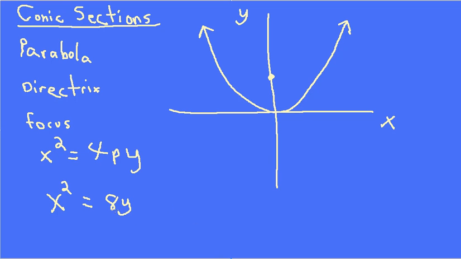How do I know that? I could take 8 and set it equal to 4p and ask, 4 times what is 8? Well, that's 2. You could also write out a little equation and solve it: 4p equals 8, divide by 4 on each side, p is equal to 2.